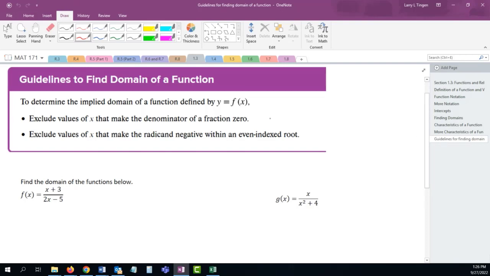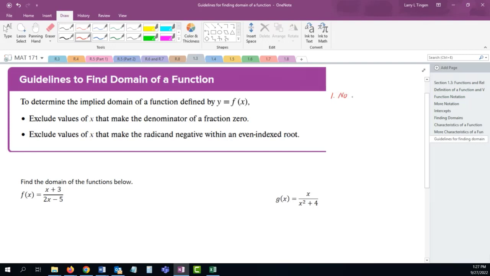There are 2 things you cannot do in this section. The first one is you cannot divide by 0. And the second one is you cannot take the even root of a negative number.